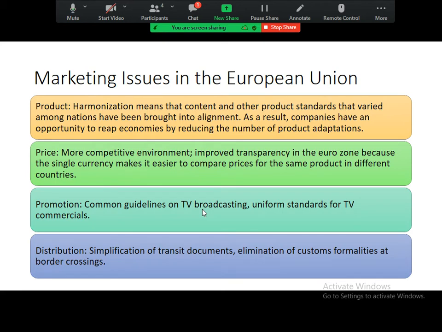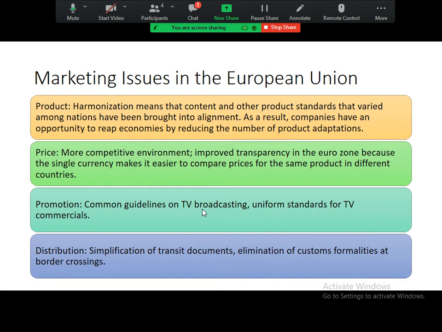Product harmonization means that the content and other product standards that varied among the nations have been brought into alignment. As a result, companies have an opportunity to reap economies by reducing the number of product adaptations. For price, there is a more competitive environment and improved transparency in the Eurozone, because the single currency makes it easier to compare the prices for the same product in different countries.